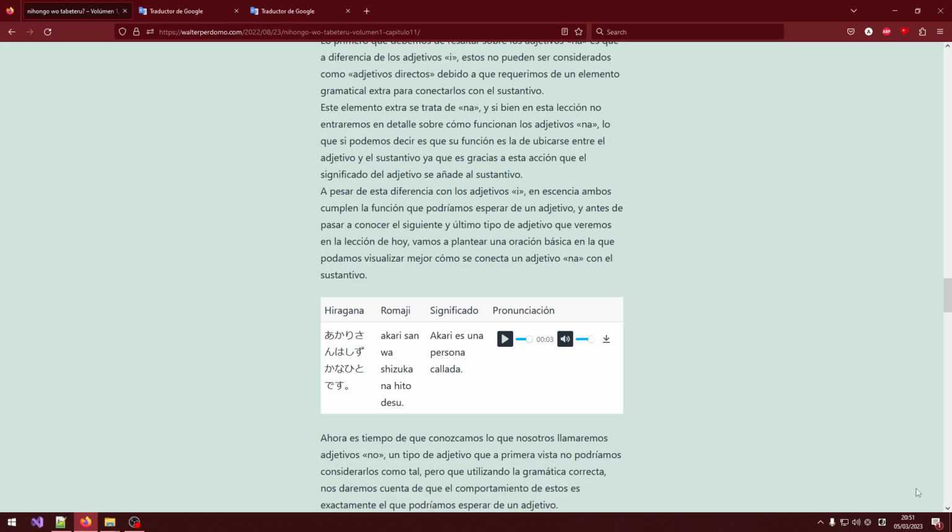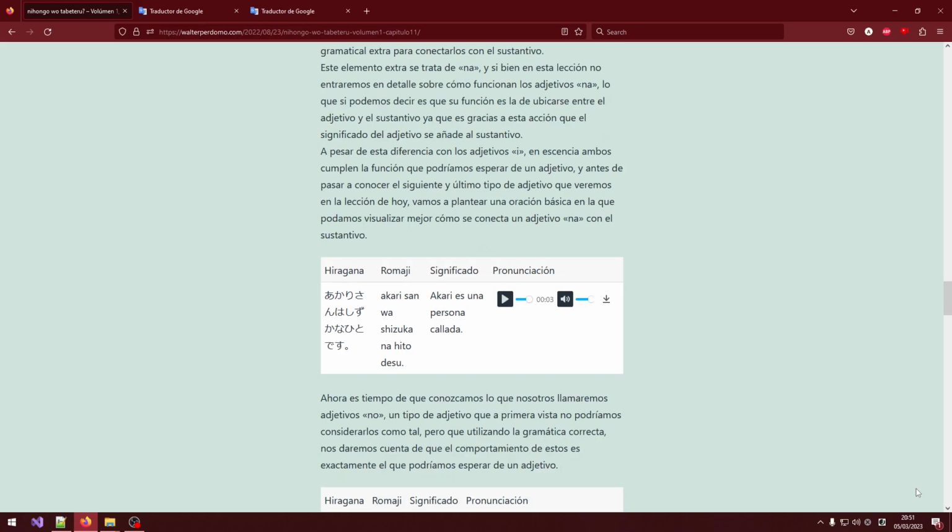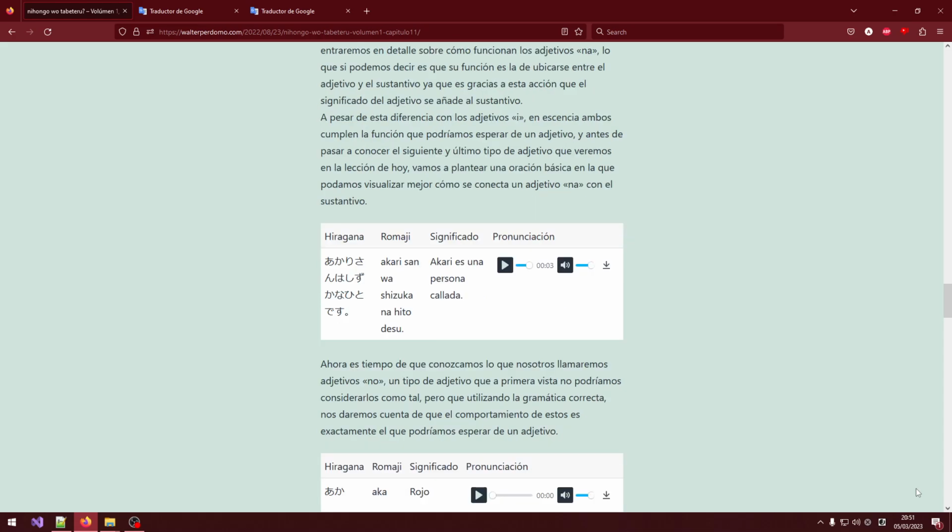In case you want to know, in Japanese adjectives are called keiyoshi, so there's no keiyoshi. It's like a grammar pattern. You can consider them like that, and that's it. To begin with, what we're gonna need is two nouns and the particle no. In this case, we're gonna use the noun version of the colors.